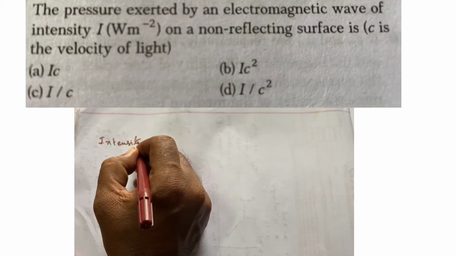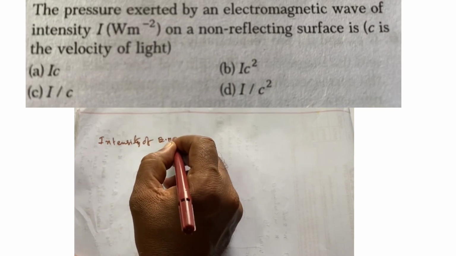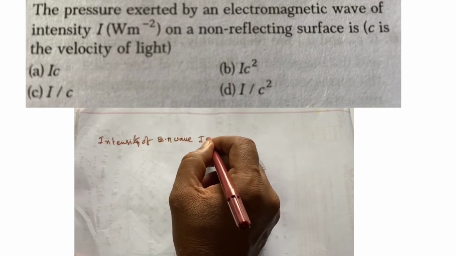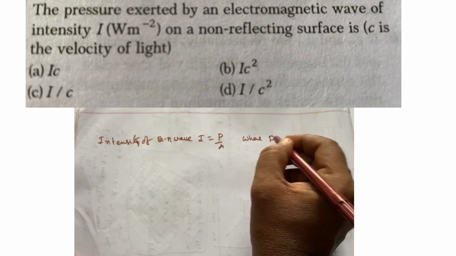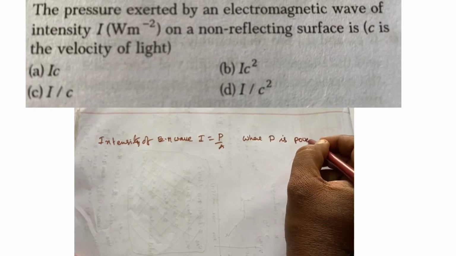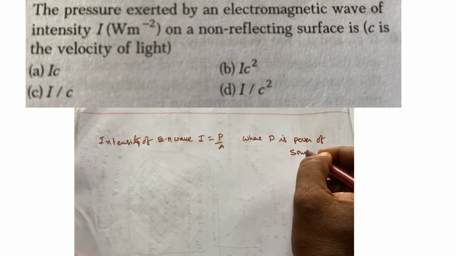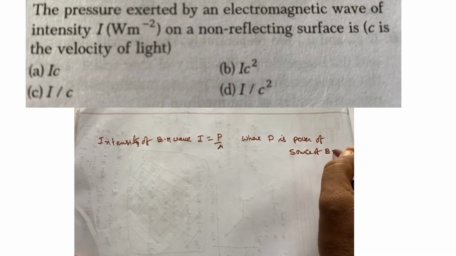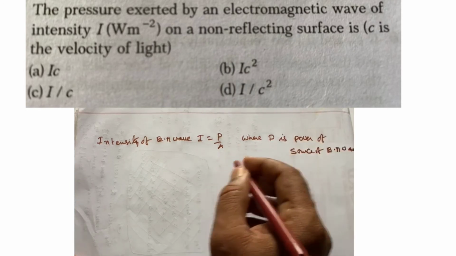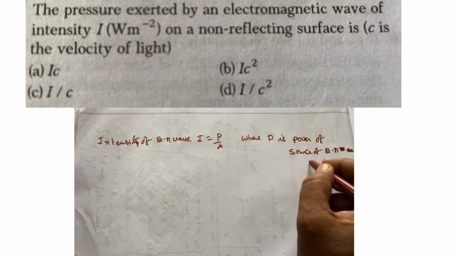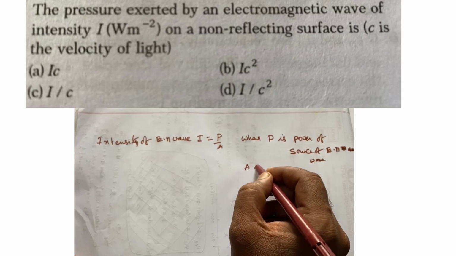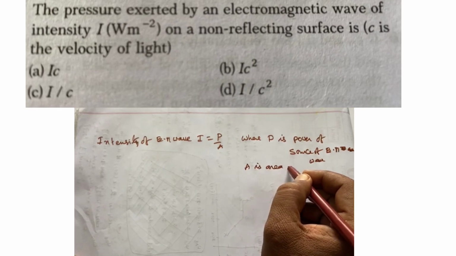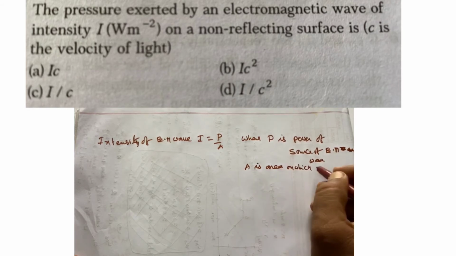Intensity of EM wave: I equals P by A, where P is the power of the source of the EM wave, and A is the area on which the wave falls.